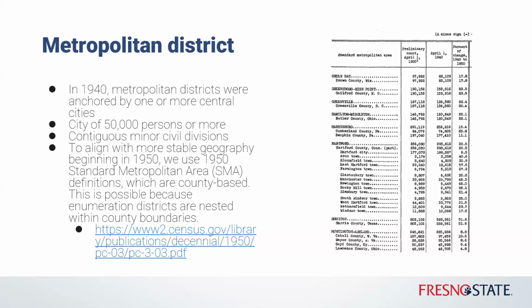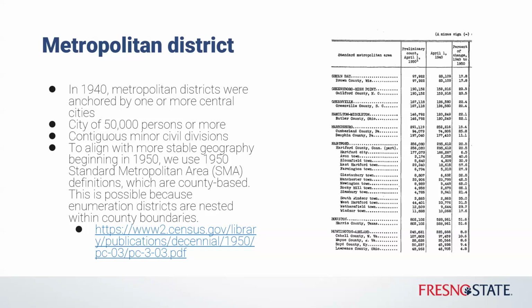County boundaries are nice and stable and consistent for the most part. They do not change very often. And so that's really, really beneficial if you're trying to observe patterns over time, doing any kind of longitudinal work, or even just comparing multiple decades. Using those county boundaries is extremely convenient.